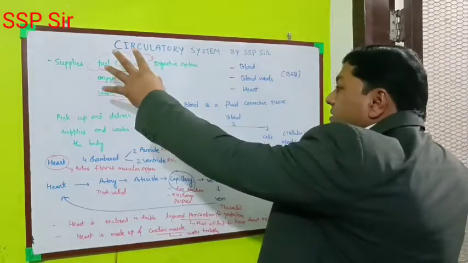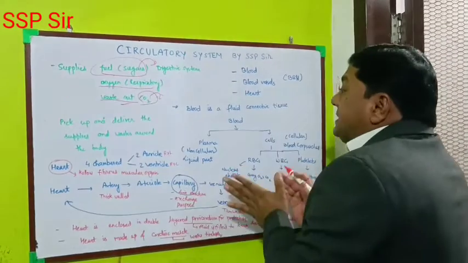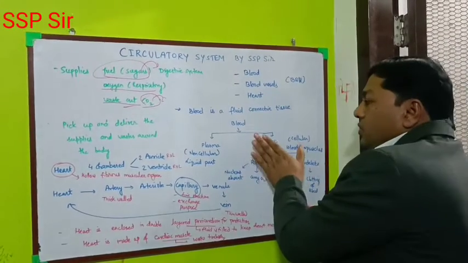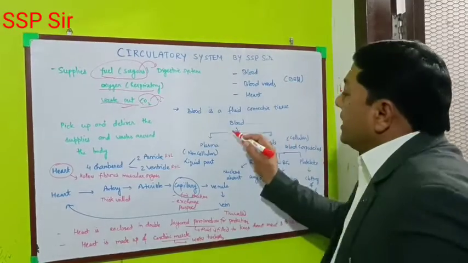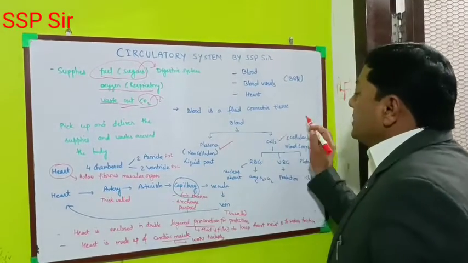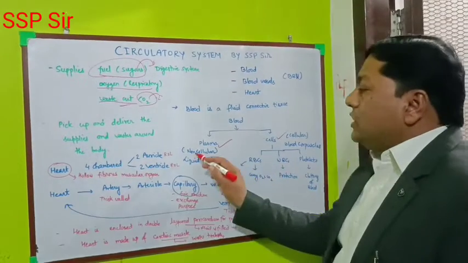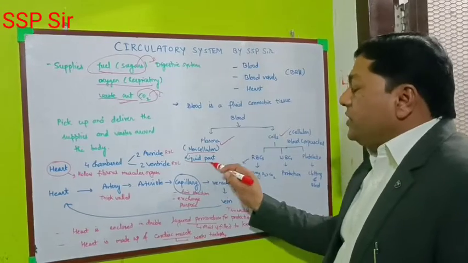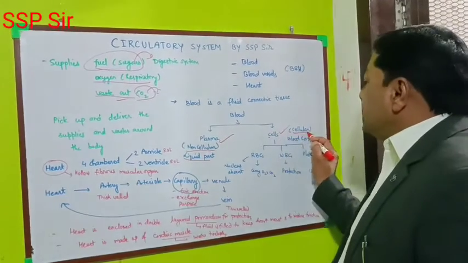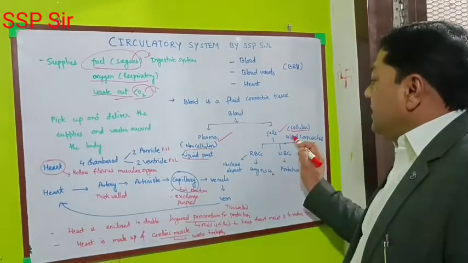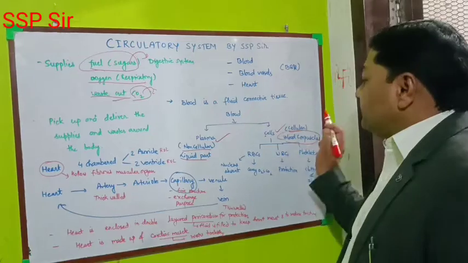Now see the blood, what does it contain? As you know, the blood contains plasma and cells. Plasma is the non-cellular part, that is the liquid part, and the cellular components are also called blood corpuscles.